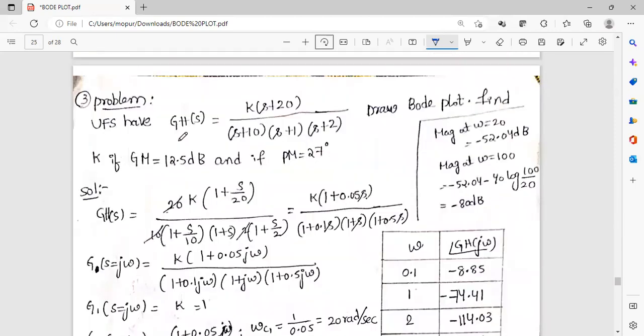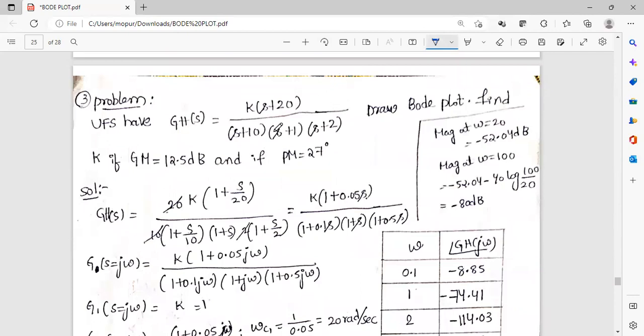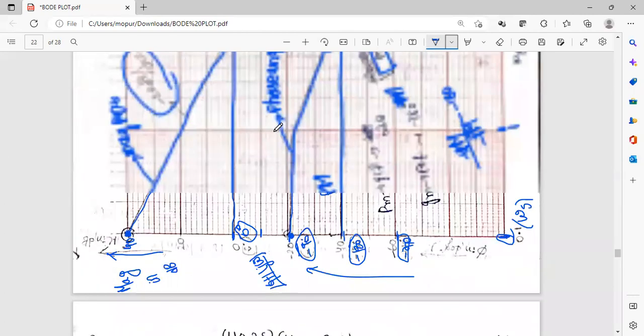See, they have given GH of s equals k into the transfer function, where k is not given. Now, what they have given: draw the Bode plot and find k. They have given the value of gain margin and the value of phase margin. From the value of phase margin and gain margin, you should find the value of k. When they have given it like this, how to solve using the Bode plot?